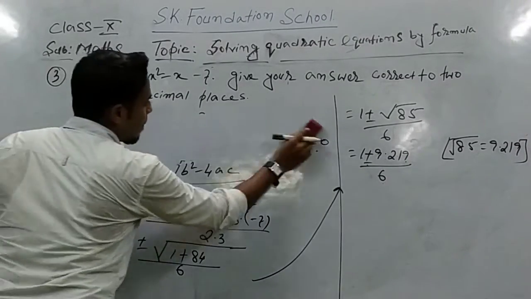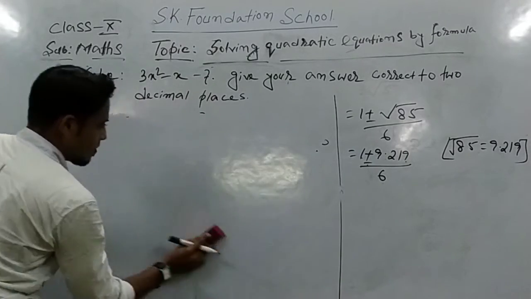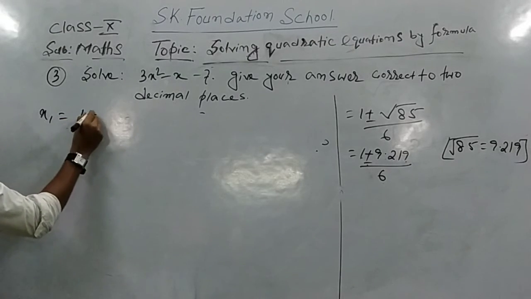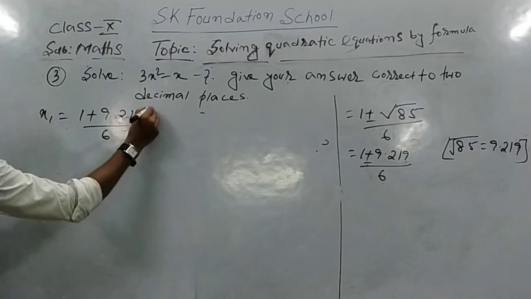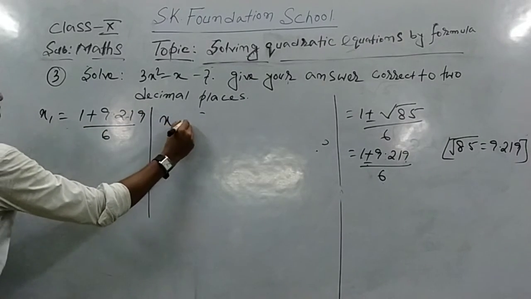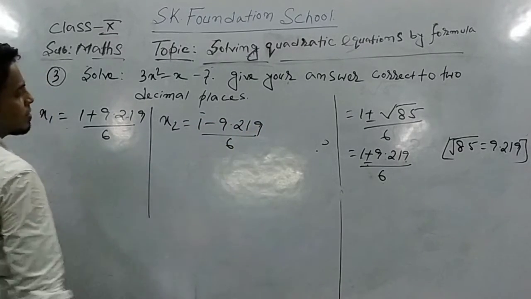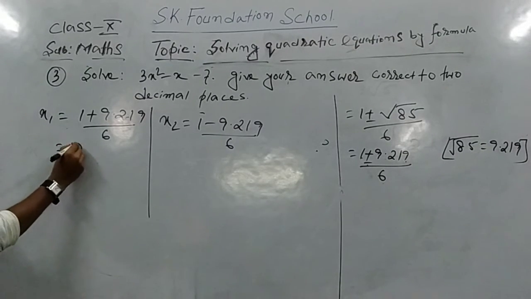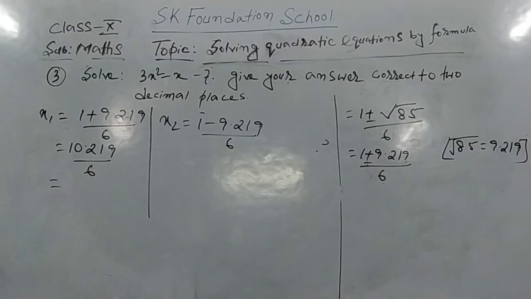So the first root x1 is 1 plus 9.219 by 6 and the second is 1 minus 9.219 by 6. First one plus, second one minus, so 10.219 by 6, that means 1.70.